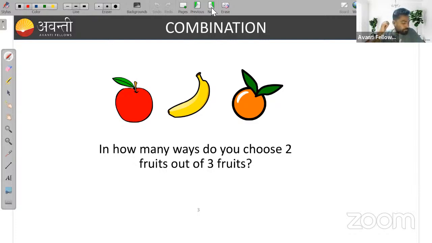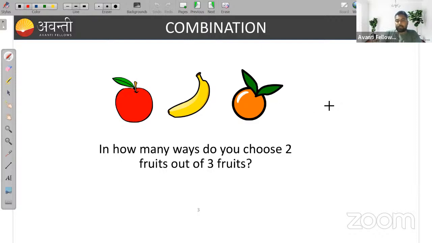Let me know in the chat box, everyone. No need to go through the definition of permutation or combination.